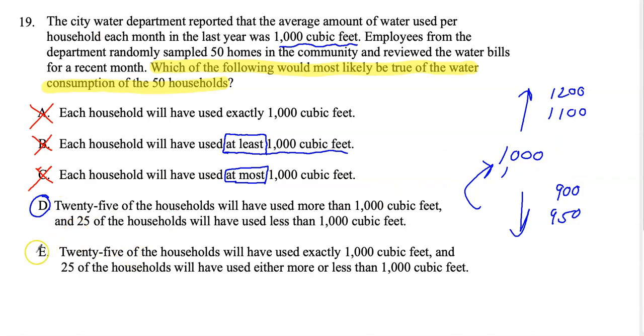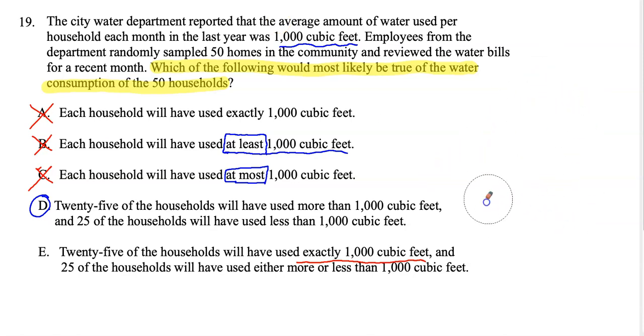Let's just look at E, see why it doesn't make sense. It says 25 of the households will have used exactly 1,000 cubic feet. Remember, when you're doing these types of problems, use your common sense, right? If they were sampling 50 homes in your neighborhood or in your community, everyone's for the most part going to be using slightly different amounts of water.